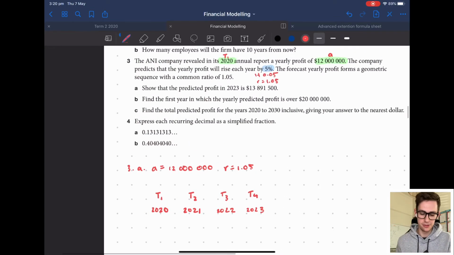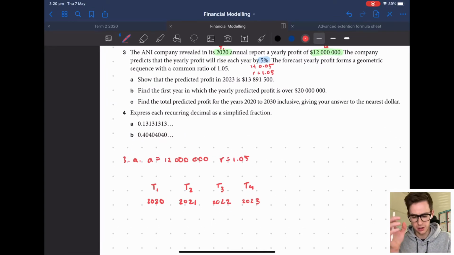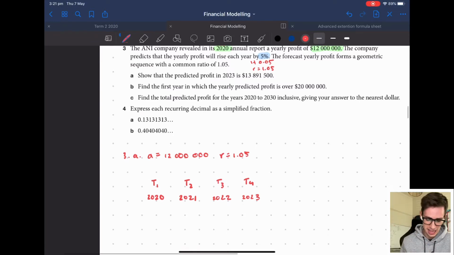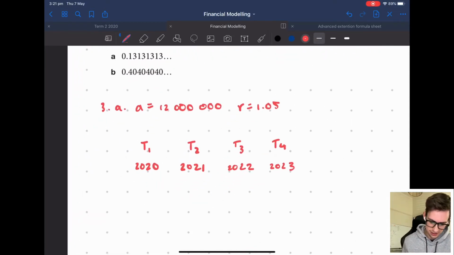It can be really confusing looking at 2020 and going, well, 2023, that's 3 years later, that must be term 3, whereas in fact it's actually term 4 because that first term is 2020. I hope I didn't confuse you there, but that's one way I definitely want to set out the dates so I can identify, well, what term is 2023? That's term 4.